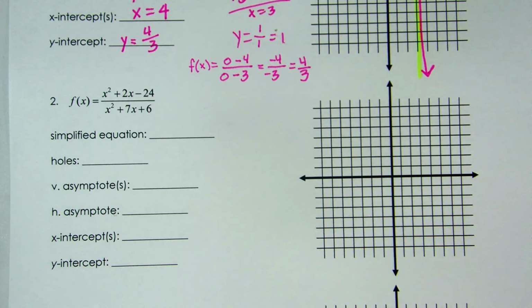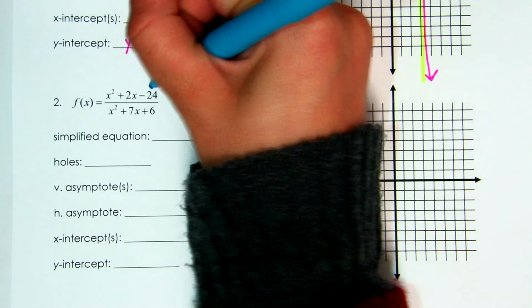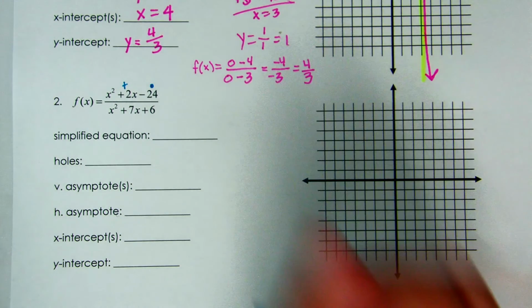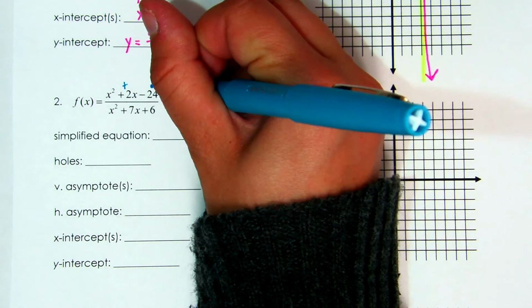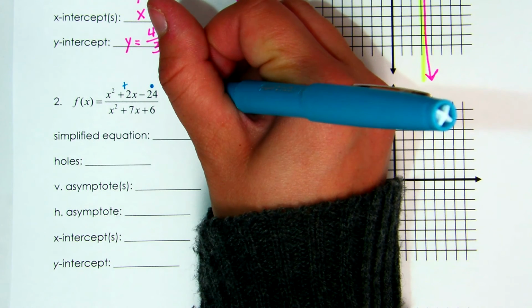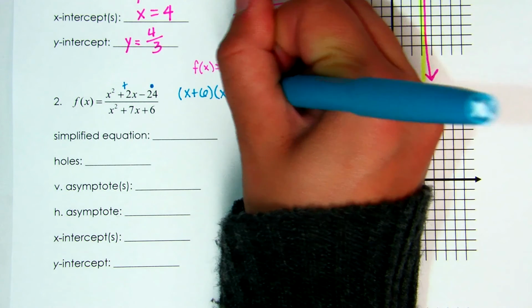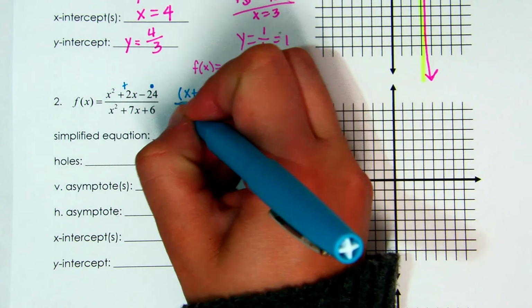For number 2, first thing I need to do is factor. So two numbers that multiply to negative 24 and add to 2 are 6 and 4, so it's going to be a positive 6, x plus 6, and a negative 4, x minus 4.